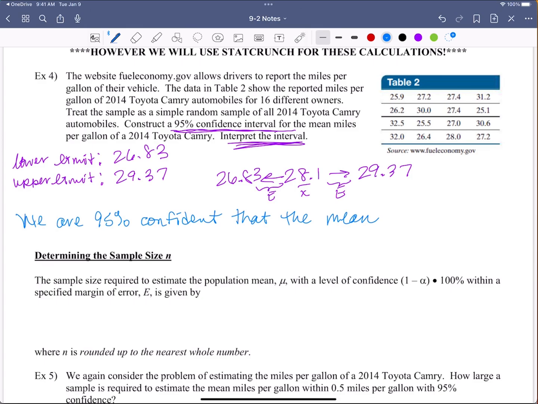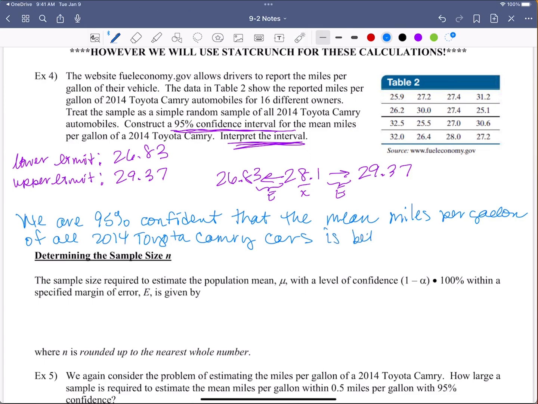We use the word mean, miles per gallon, of all 2014 Toyota Camrys is between 26.83 and 29.37.